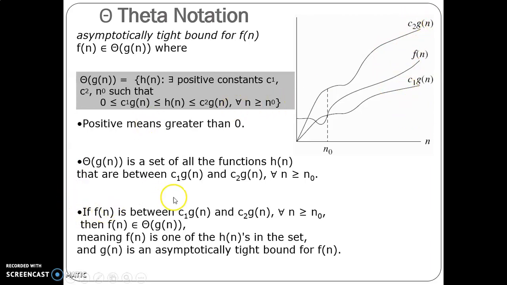And the mathematical expression of this will be that C1 of Gn is less than or equal to f of n is less than or equal to C2 of Gn for all n more than or equal to n0, and C1, C2 and n0 are positive constants. So this is the theta notation.